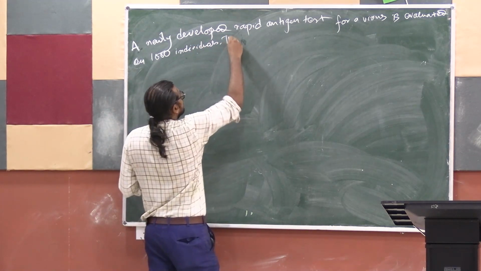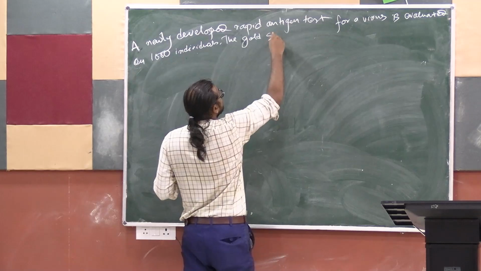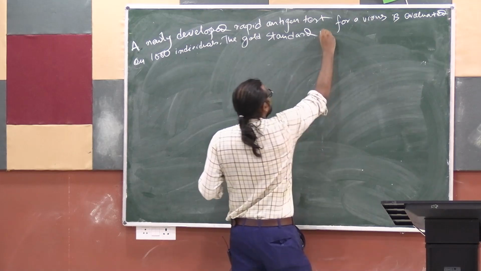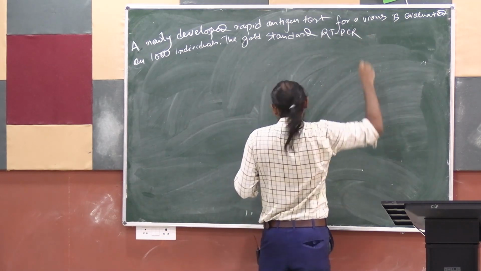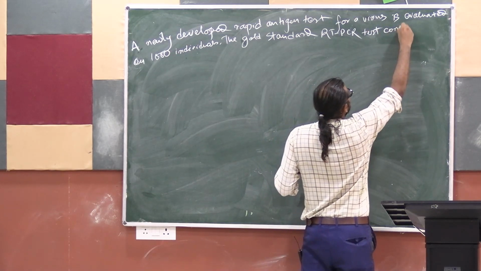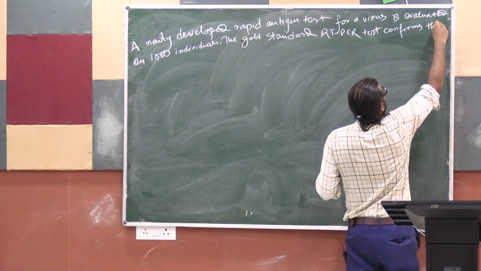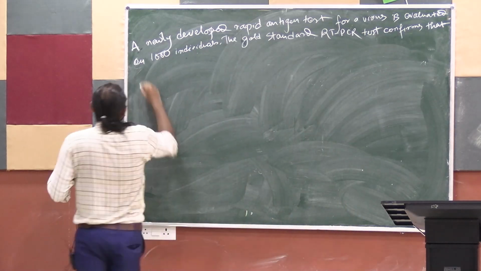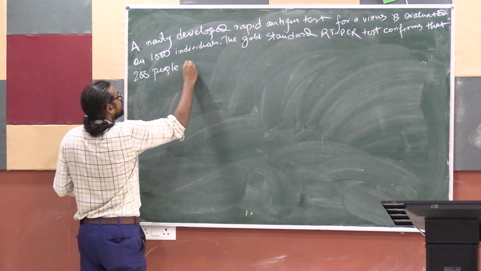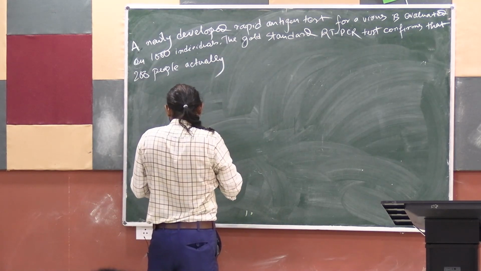The gold standard RT-PCR test confirms that 200 people actually have the disease.